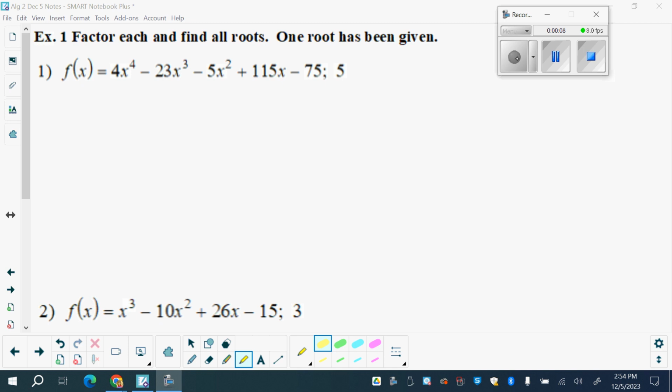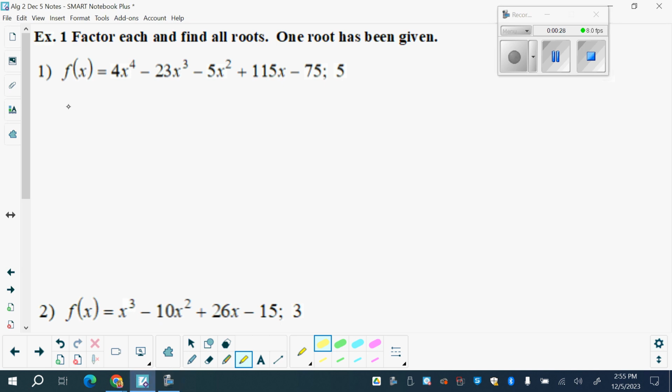Okay, so more on finding the roots given a root. So what would we do first on this problem here? Since we're given a root of 5, what would we do? Yeah, so we want to use synthetic division.